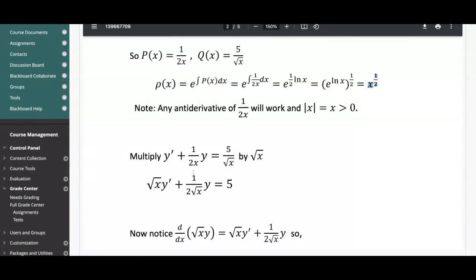So we just multiply every term by the integrating factor. We multiply y prime by the integrating factor, square root of x. We multiply this one with square root of x, and this one with square root of x. So we get a new equation.